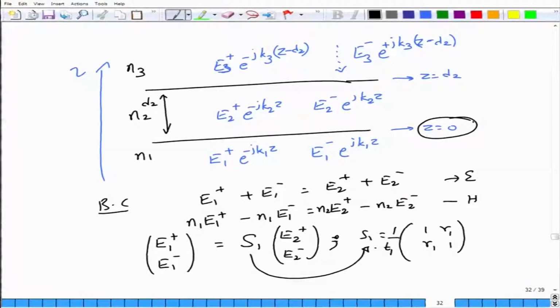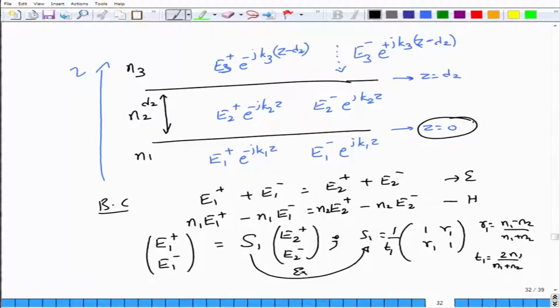Because we are not considering the polarization, this is a 2 by 2 matrix, otherwise you will have to consider a 4 by 4 matrix. So, T1 is the transmission coefficient from the first medium to the second medium, and R1 is the reflection coefficient from the first interface. So, clearly R1 is equal to (N1 minus N2) by (N1 plus N2), and transmission T1 will be equal to 2N1 by (N1 plus N2). Okay. So, these are something that you already know of.